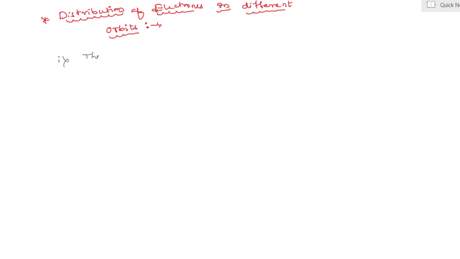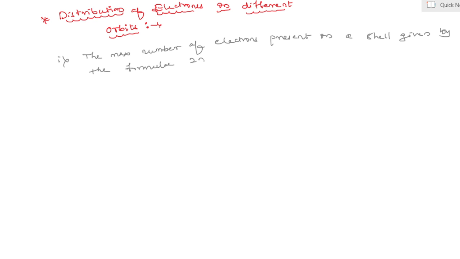Yes, my dear students, the first rule is: the maximum number of electrons present in a cell is given by the formula 2n square.